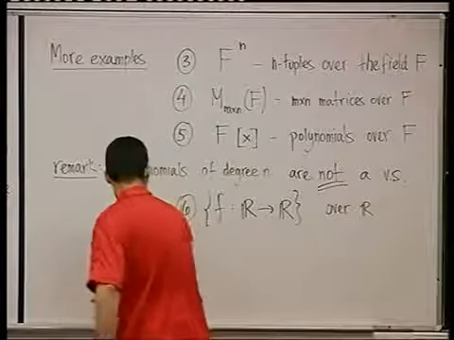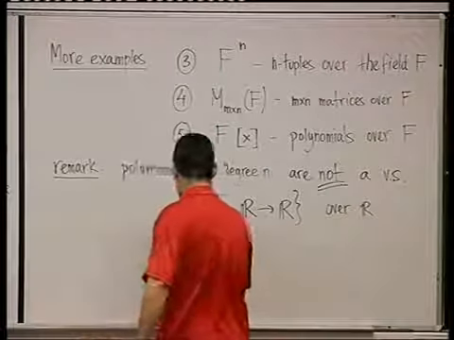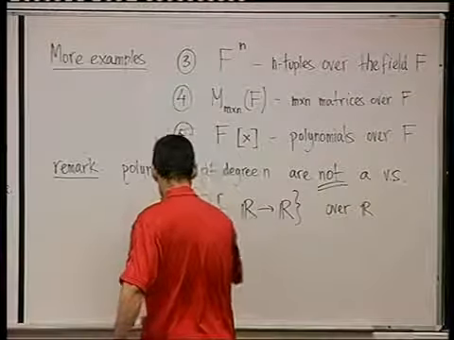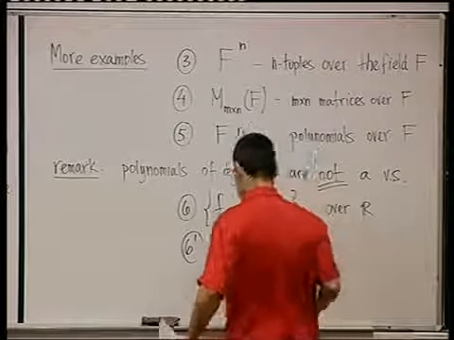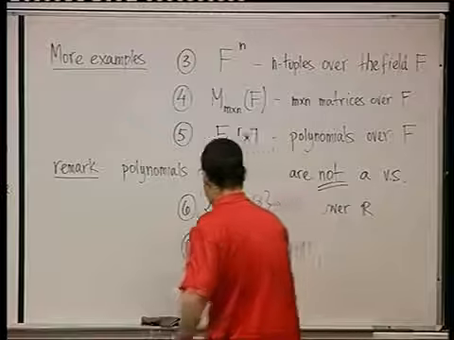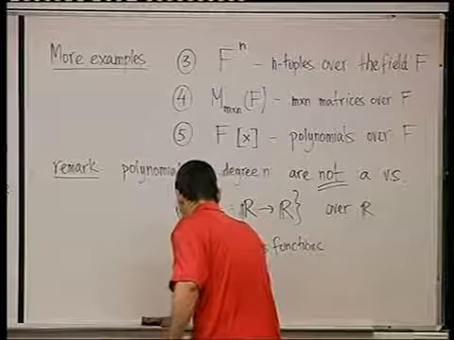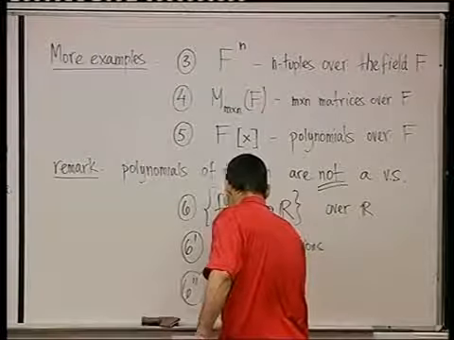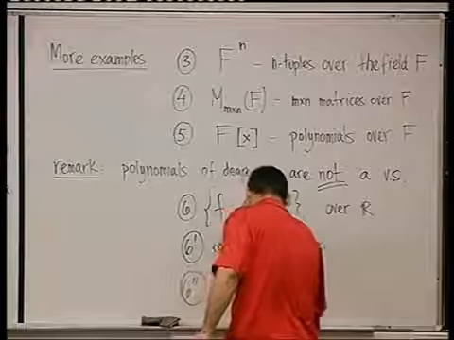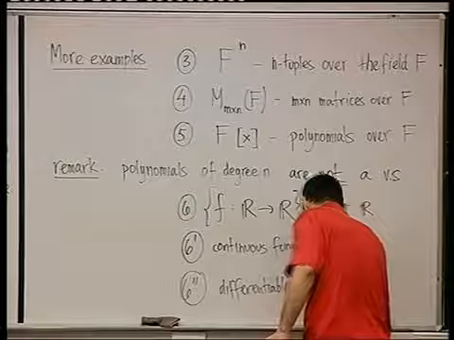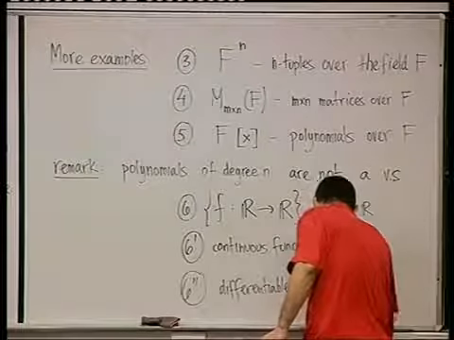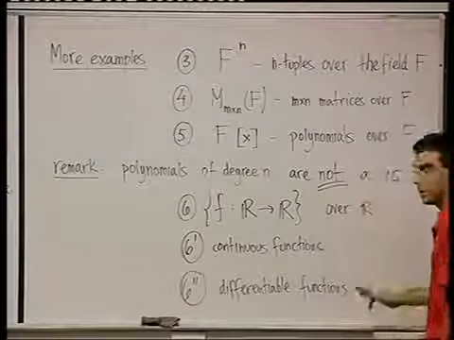So let's maybe call this 6 prime, continuous functions. And let's call it 6 prime prime, differentiable functions. If these words don't mean enough to you at the moment, don't worry about it.